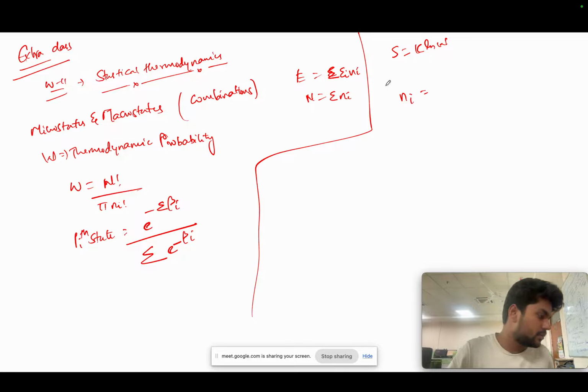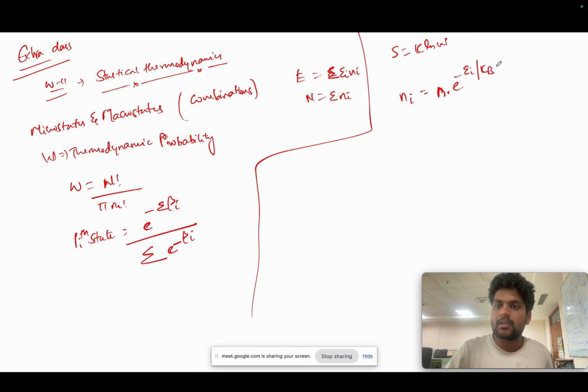Ni equals N into e to the power minus epsilon i divided by kBT divided by the partition function.